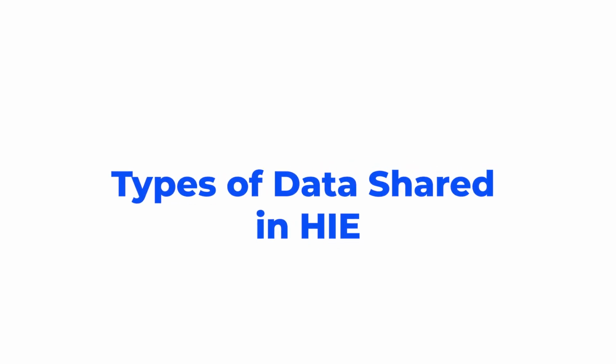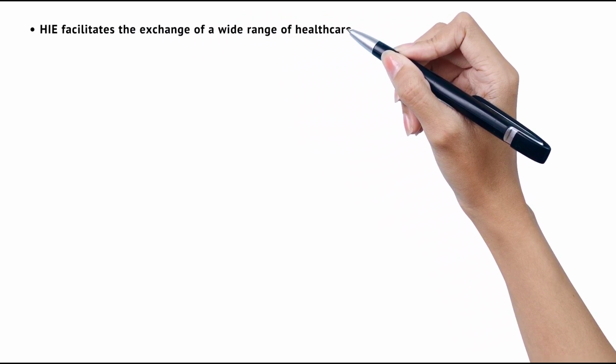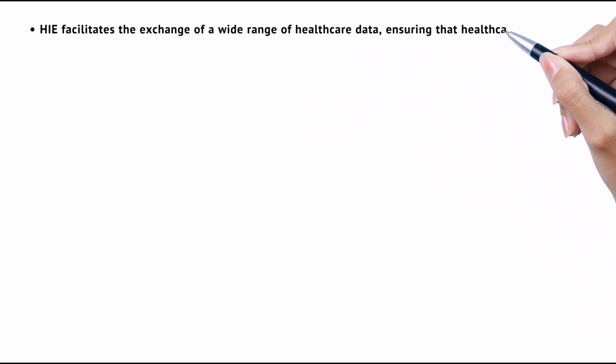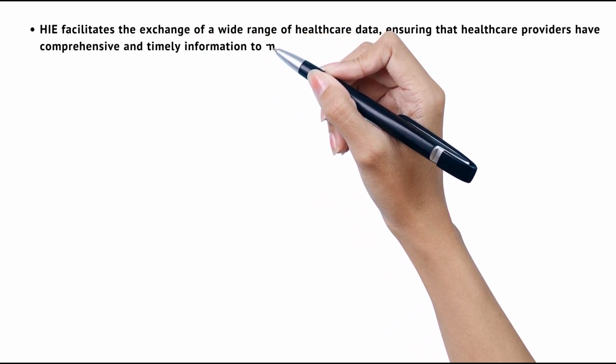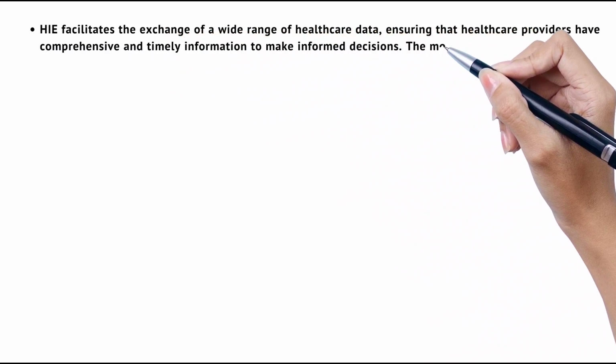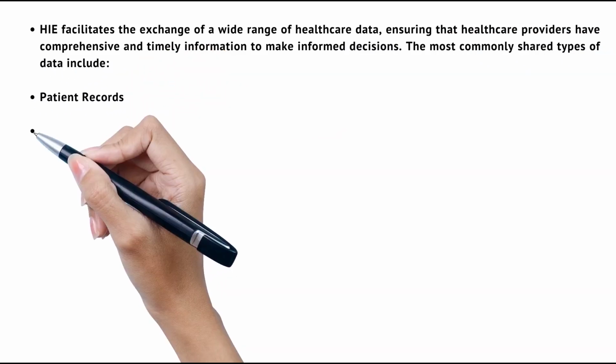3. Types of data shared in HIE. HIE facilitates the exchange of a wide range of healthcare data, ensuring that healthcare providers have comprehensive and timely information to make informed decisions. The most commonly shared types of data include patient records.